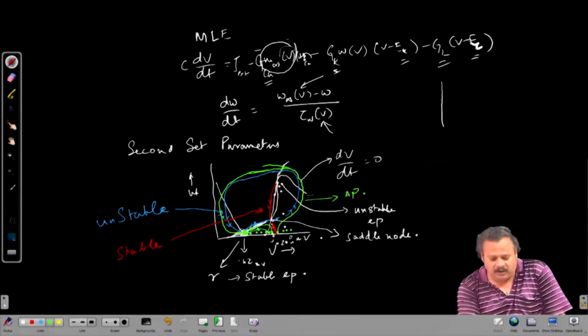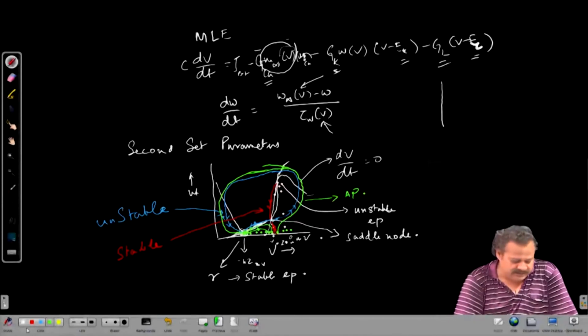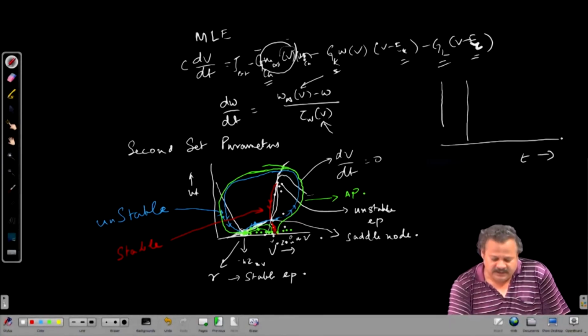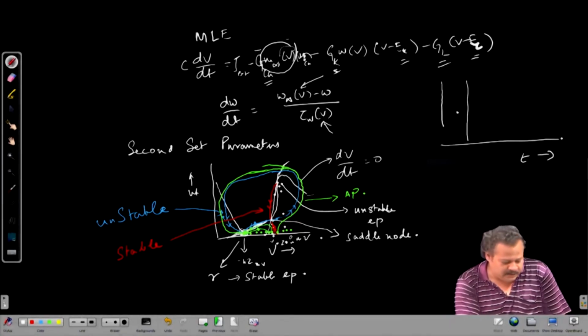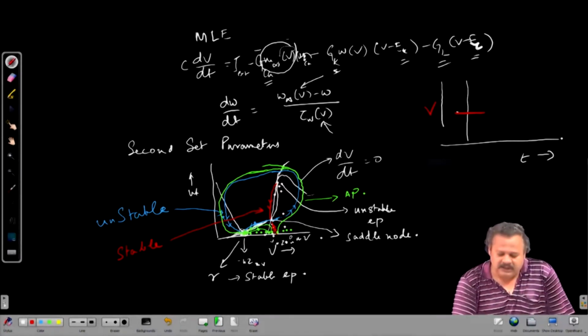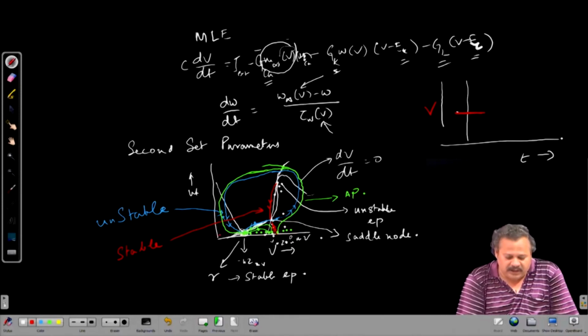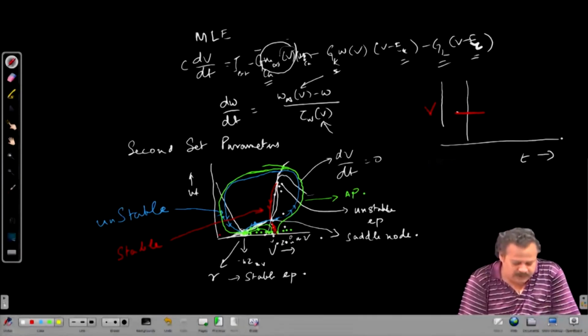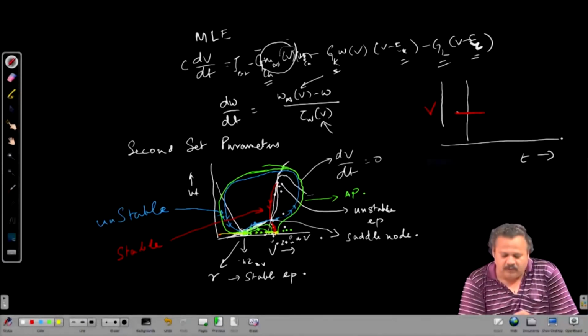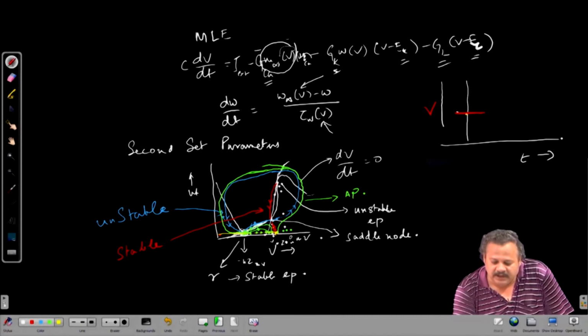Because now if you plot V as a function of time for the two sides of the manifold, what you will see is, so this is time, and let us say this is where the stable manifold voltage is along this particular line, or let us say along this line, this particular voltage is this value here.